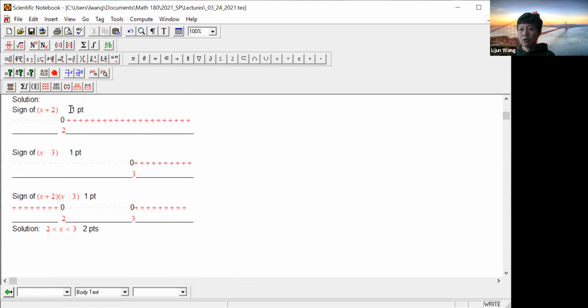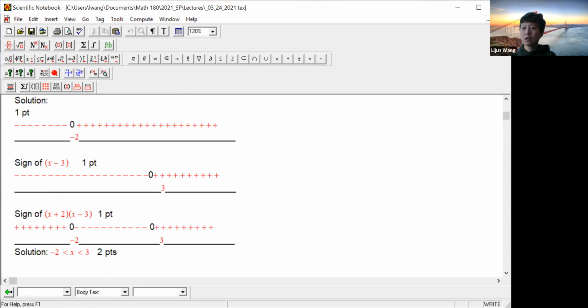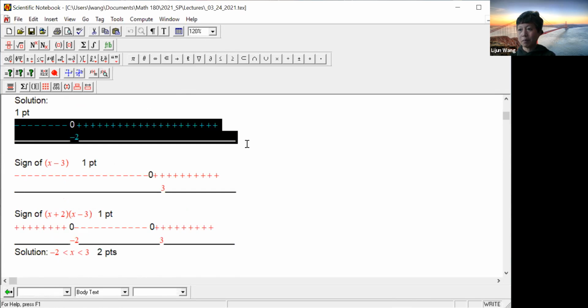The student did not show this part. The student did not tell me what this graph is about.